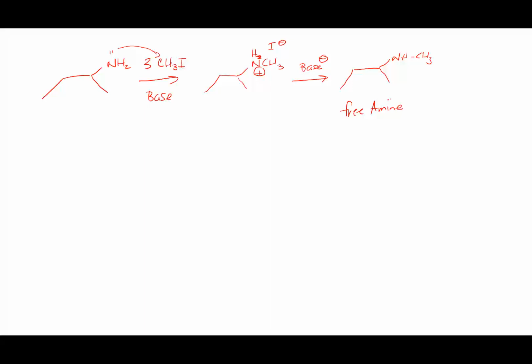Alkylate the free amine, use base to make the next free amine. So when you exhaustively alkylate it, it means I'm going to put the maximum number of alkyl groups on the nitrogen, which is 3. So now I've exhaustively alkylated it, so I've got 3 methyl groups on the nitrogen, so it's an N+.